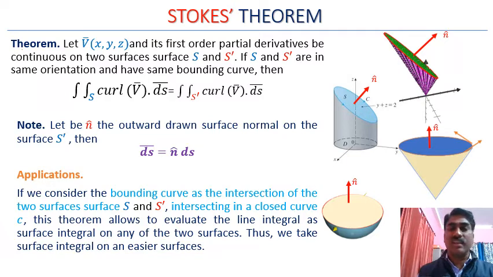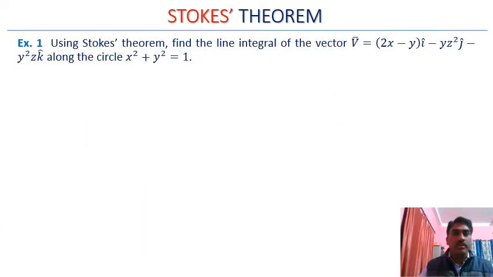So let us start with some questions. Let us take this first question. It says, using Stokes theorem, find the line integral of this vector v along the circle. What is the line integral?